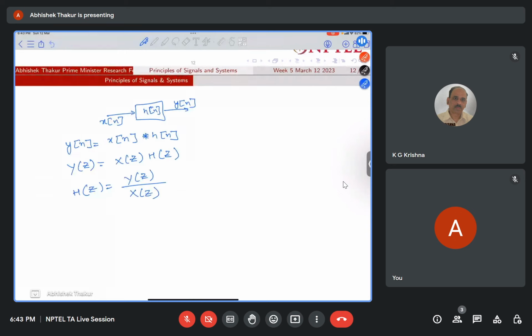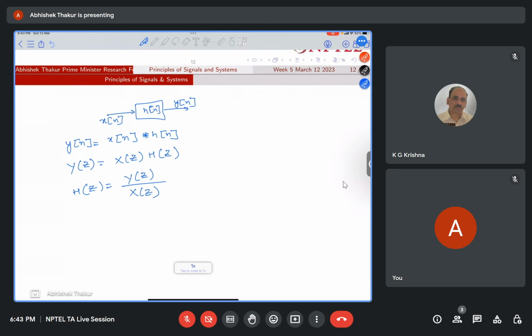Now we will see what the output will be when the input is an impulse, delta[n], and when the input is a step. We'll see both cases, and after that we will see stability.